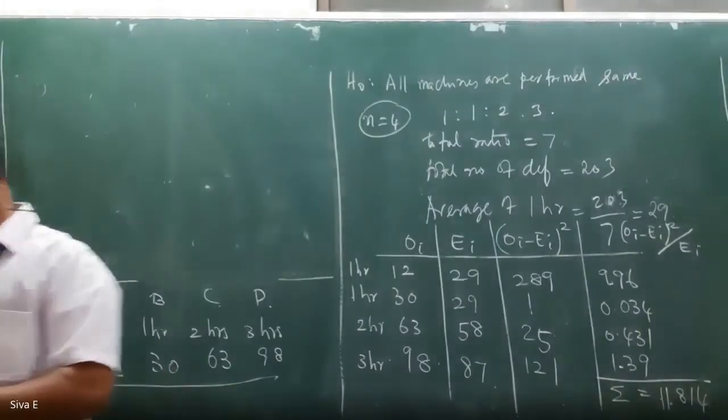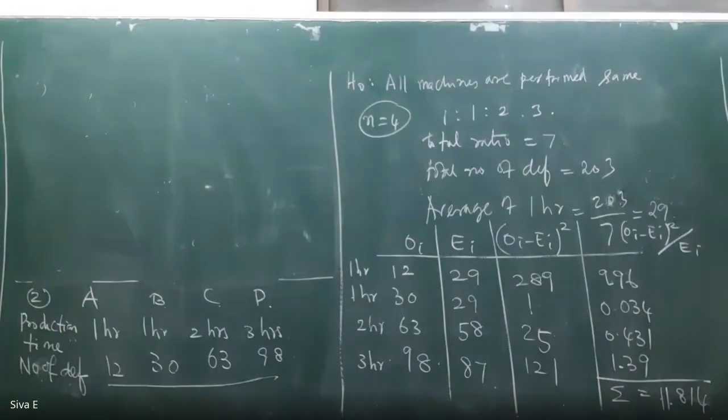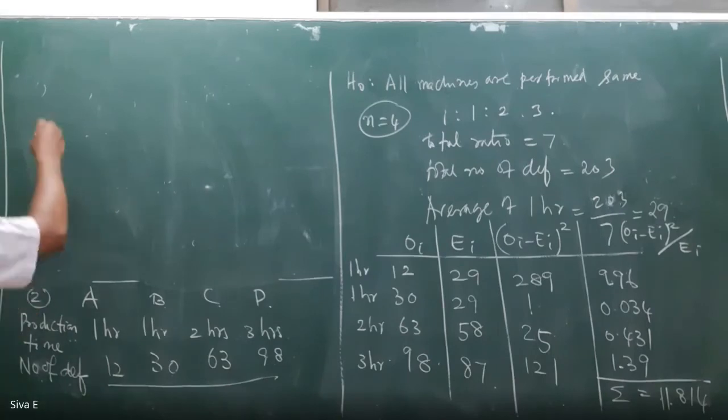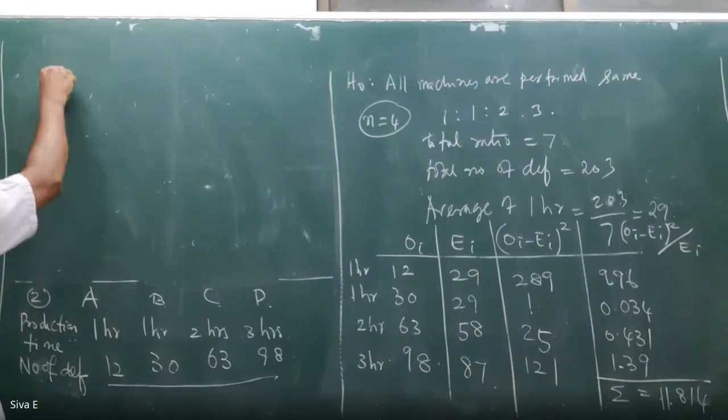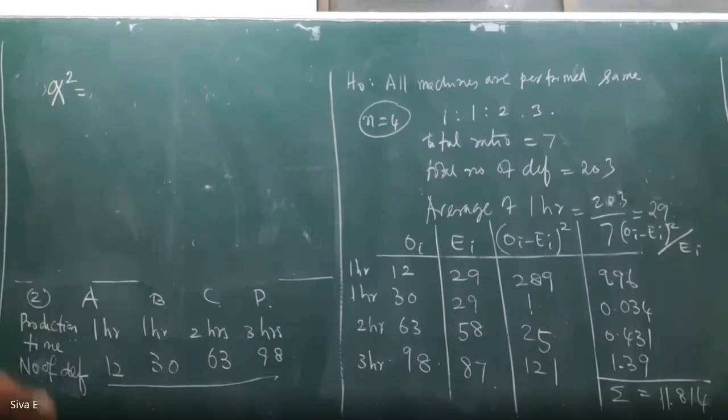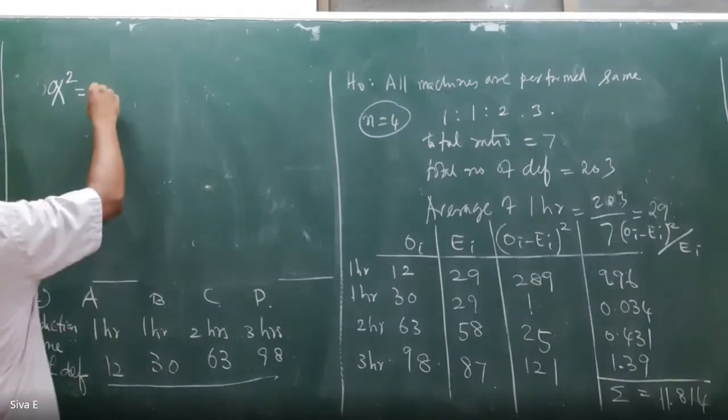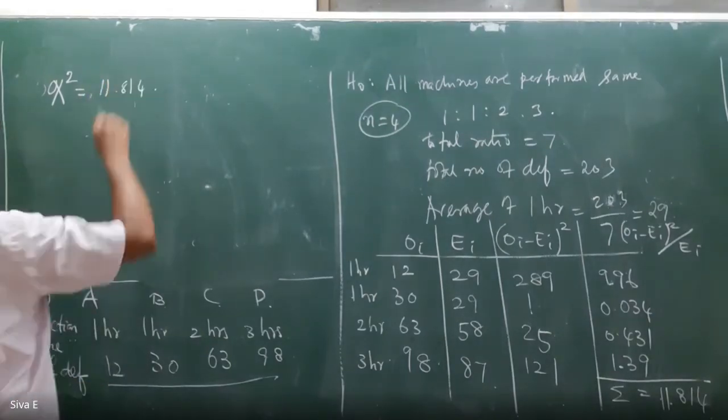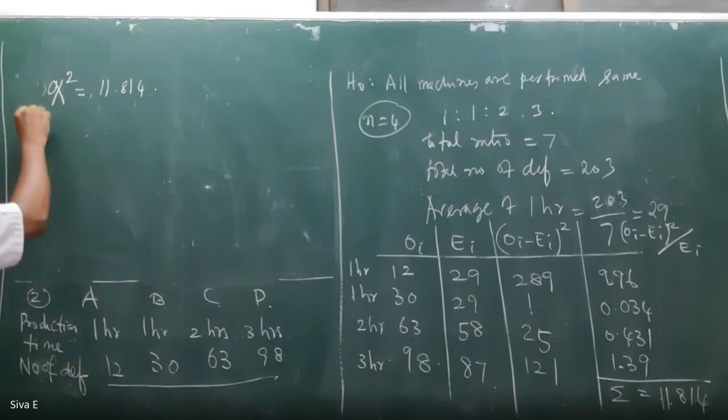So you can write here the calculated value chi square equal to 11.814.